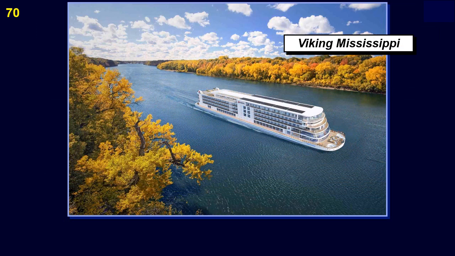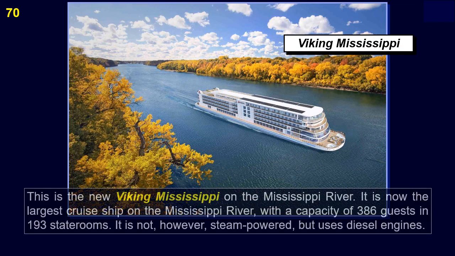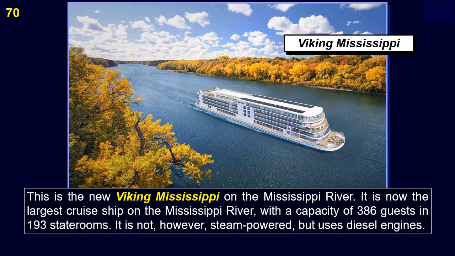This is the new Viking Mississippi on the Mississippi River. It is now the largest cruise ship on the Mississippi River, with a capacity of 386 guests in 193 staterooms. It is not, however, steam-powered, but uses diesel engines.